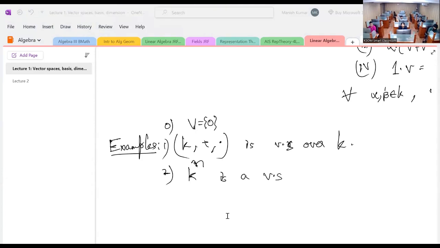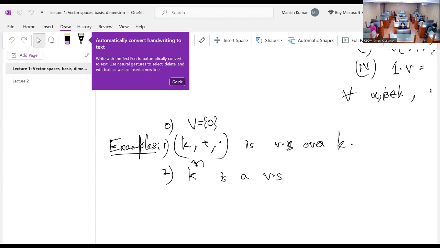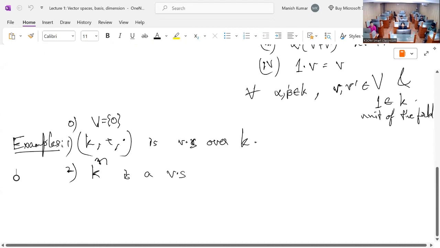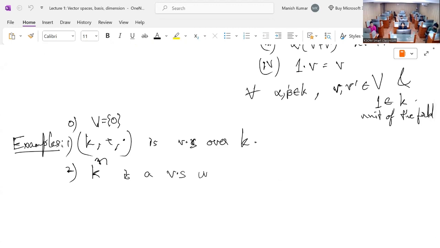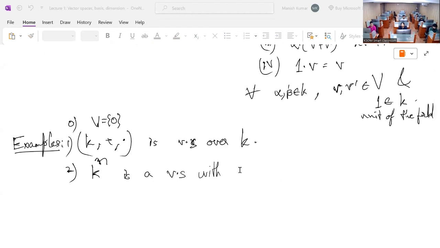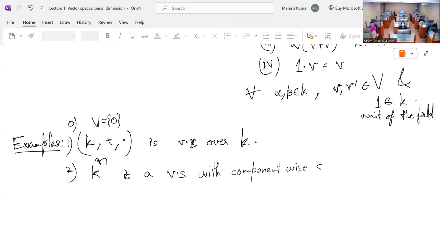So K^n is a vector space, with component-wise addition and component-wise scalar multiplication.